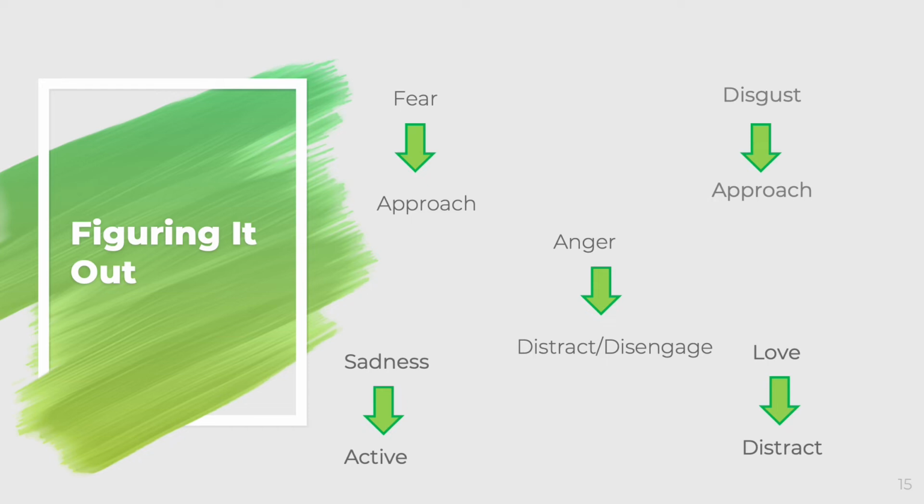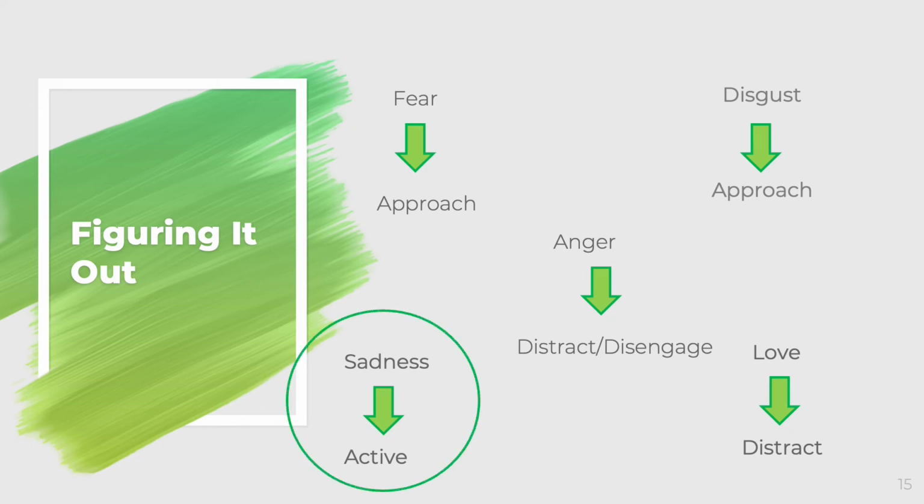This slide helps show what our emotion is and their opposite action. If we fear something, such as a phobia, we want to approach it and challenge what we are afraid of. When angry, we need to distract ourselves, or if our anger is due to an interaction with someone, we want to disengage and leave them for a bit to cool down.